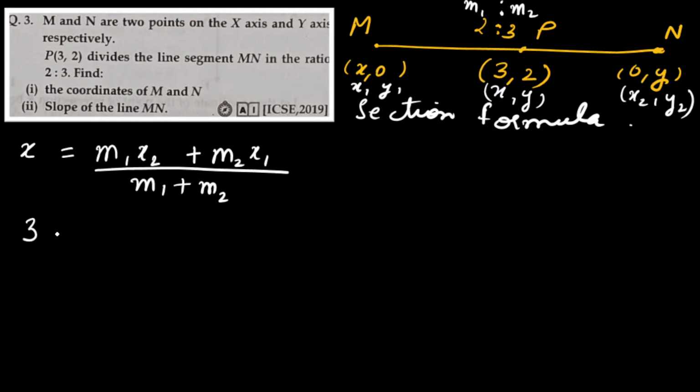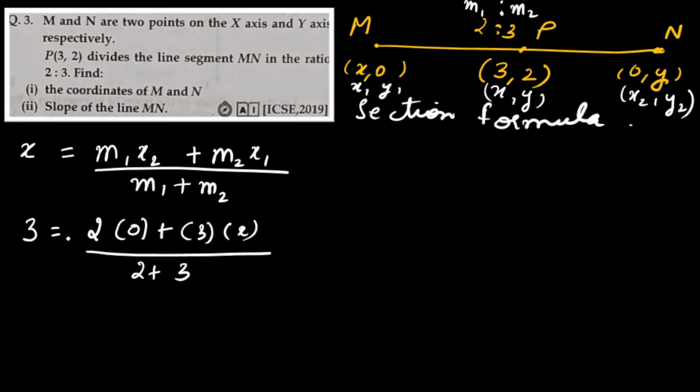So we write the values: m1 is 2, x2 is 0, m2 is 3, x1 is x, by m1 plus m2, so 2 plus 3.